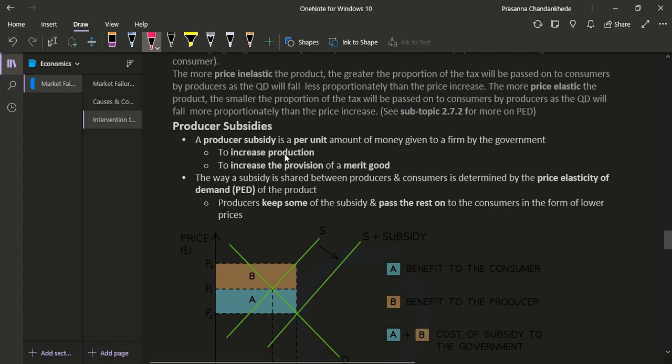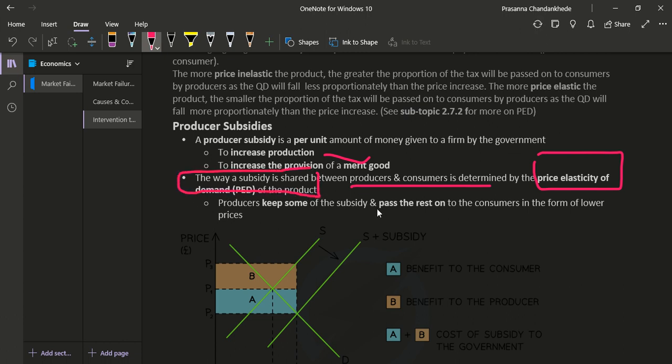Producer subsidies. It's a per unit amount of money given to a firm by the government to increase the production of a merit good. Obviously, subsidies aren't given to the production of demerit goods. They are only given to the provision of a merit good. The subsidy is shared between consumers and producers according to the PED, price elasticity of demand, of the product.